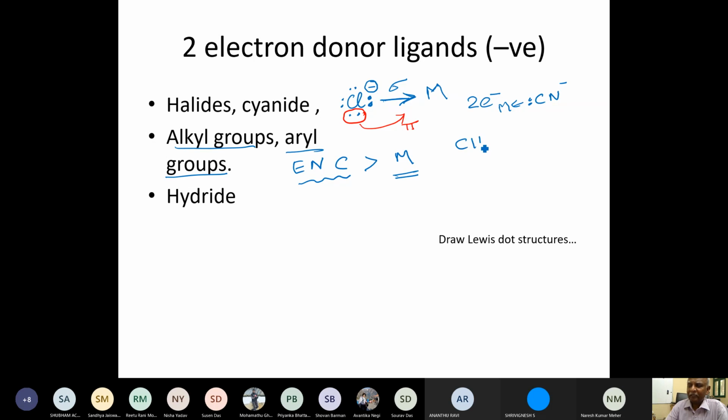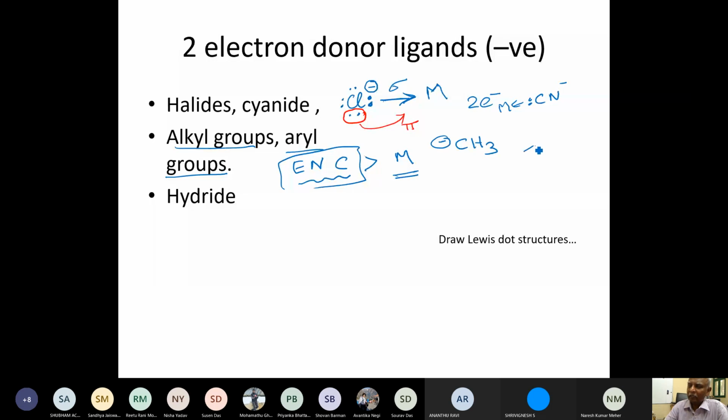So if I take CH3 as a group, it has originally a single electron, but when it approaches the metal, we assume that because the electronegativity is larger than that of the metal, it will gain the electron completely, and this will become CH3 minus.